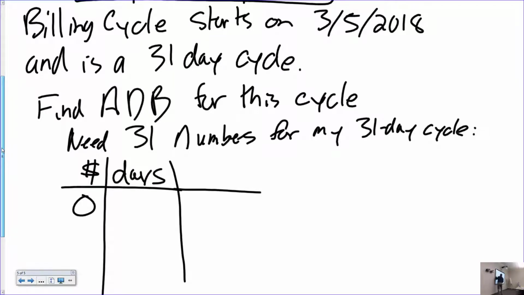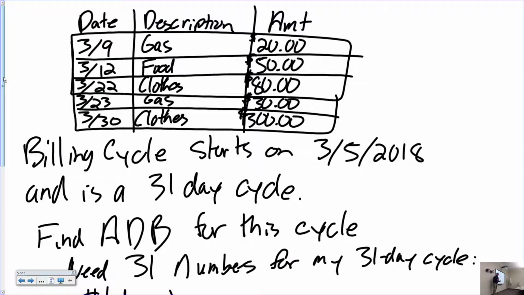Now, remember that these numbers repeat based on how many days nothing happens, right? So how many days does the 0 persist? 4. March 5th, March 6th, March 7th, and then March 8th. There's 4 numbers. And then on March 9th, I finally make a purchase.